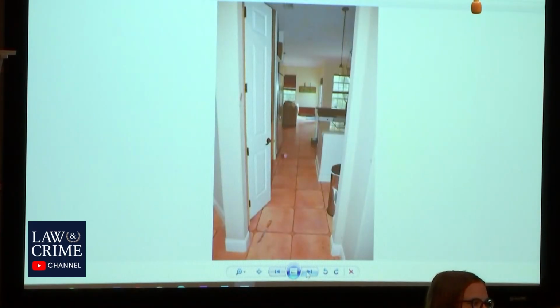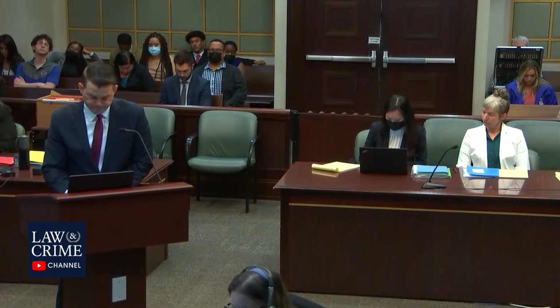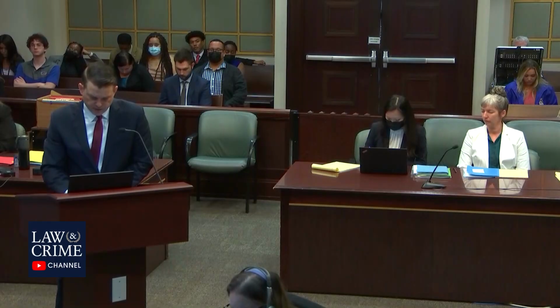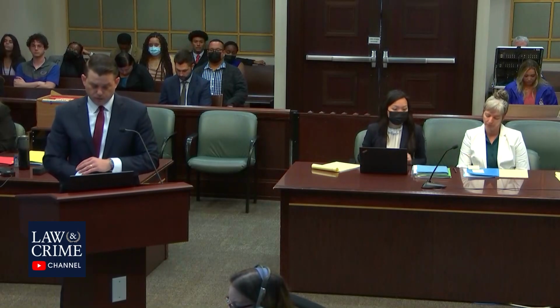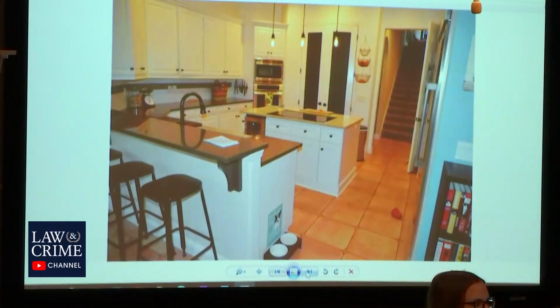Okay. Now 3140, back facing towards the kitchen and moving into the kitchen. Yes, that is correct. Where are we at, and what do we see?